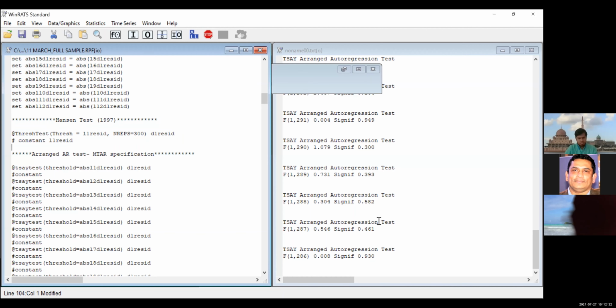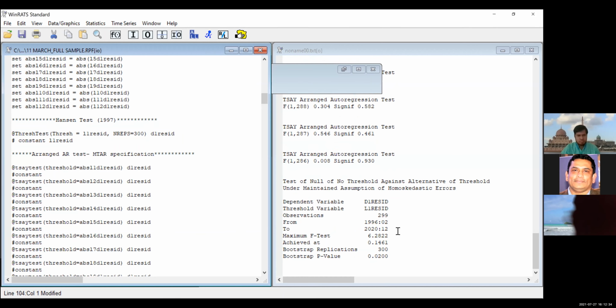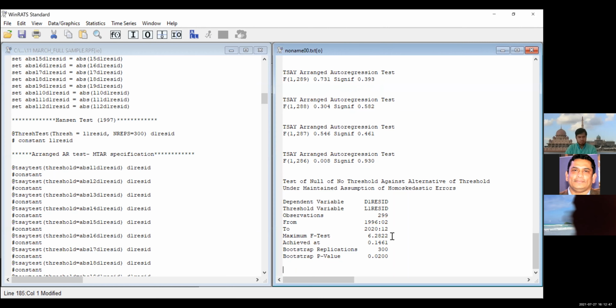You see that we found the maximum F test value is 6.28, and the bootstrap P value is 0.02, meaning that this is the value, and then the MTAR F stat. We use the Hansen because we said we can't use the conventional test, so we use bootstrapping, and using bootstrapping we found that at this point they are significant.